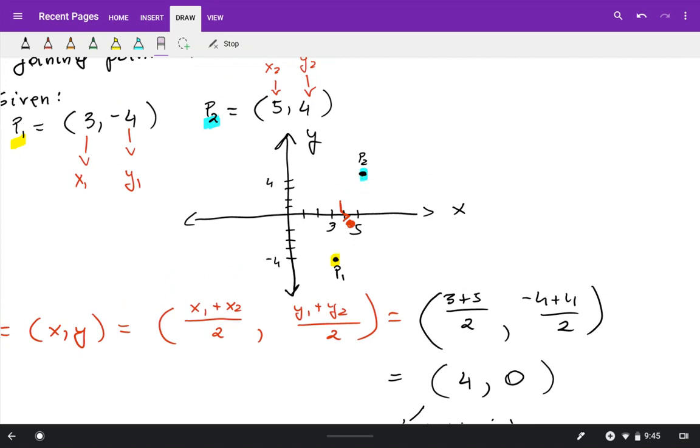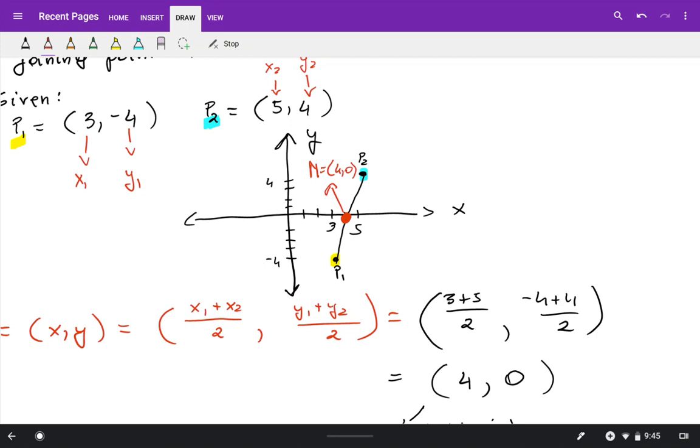So let me fix it. Okay, so it's better. Right here is that midpoint, which now has coordinates 4 comma 0.